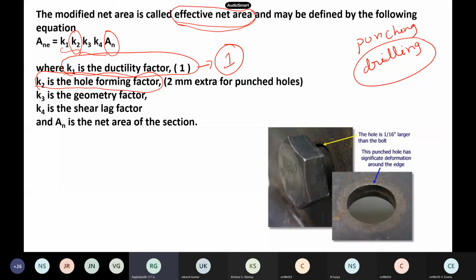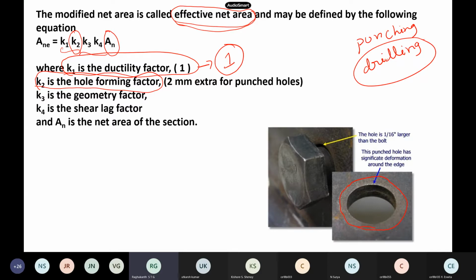You would have seen punching, even in YouTube videos, how they punch holes in metals. They use a machine, and a sudden action happens. What happens is that the entire region near these holes undergoes significant plastic deformation during punching. But if you are drilling the hole, you will not see this type of problem.